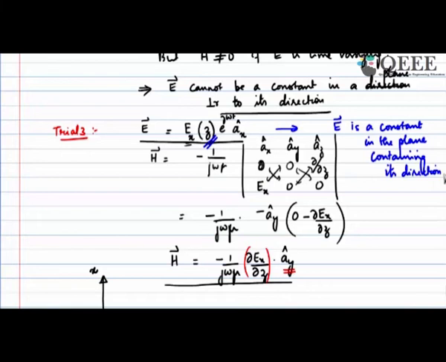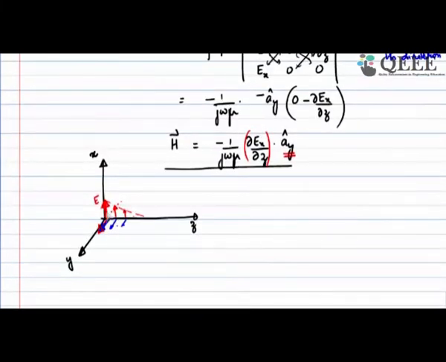In this case, its direction is along the x direction, and I am assuming that when I move along the x direction, the magnitude of E remains the same. So when my y and z change, the magnitude changes, but as a function of x, the value of electric field here and the value of electric field here are identical.